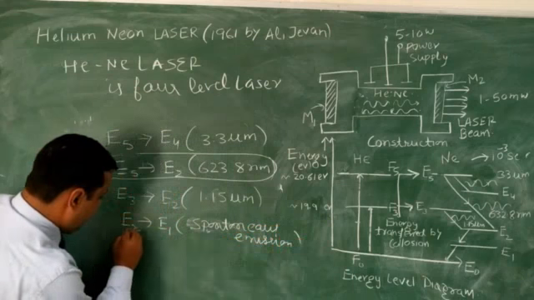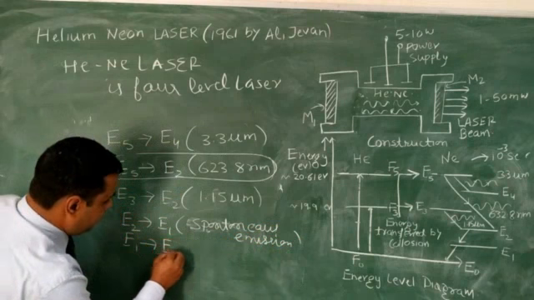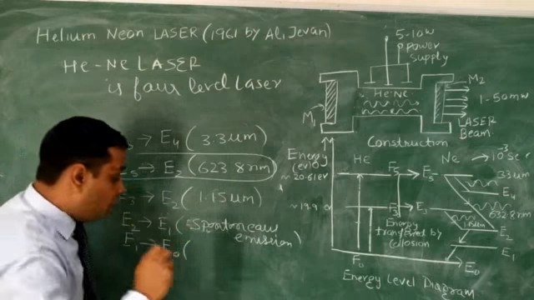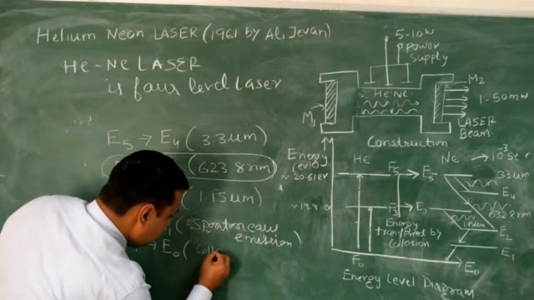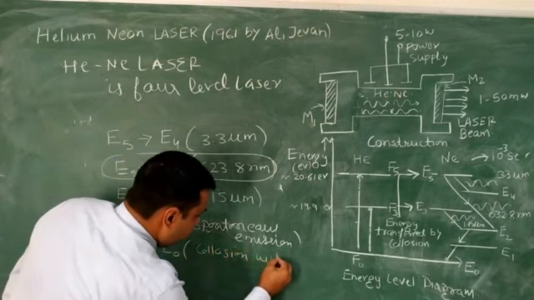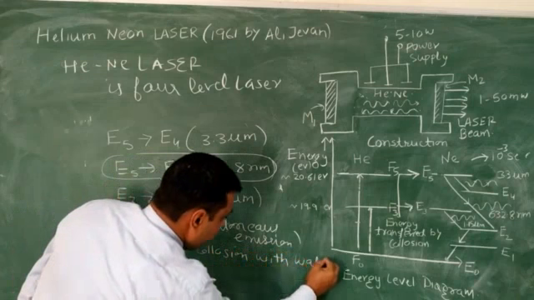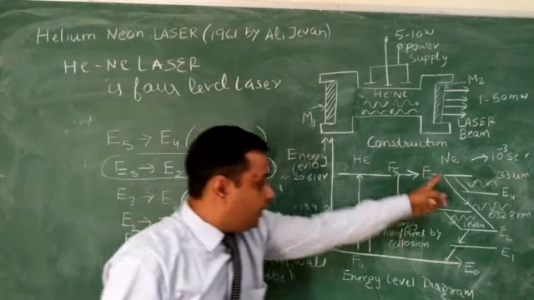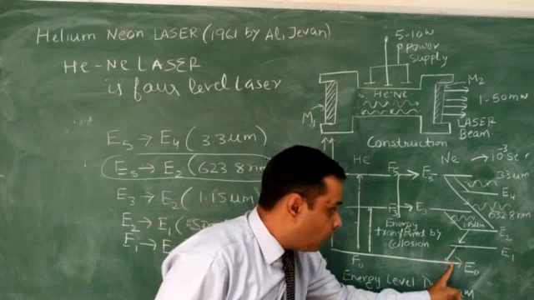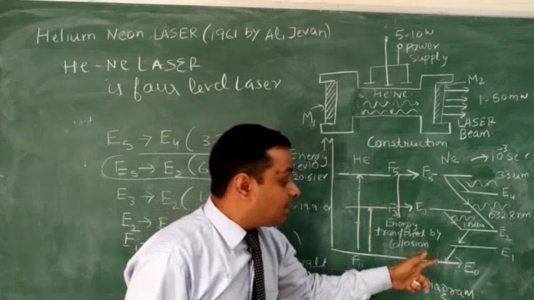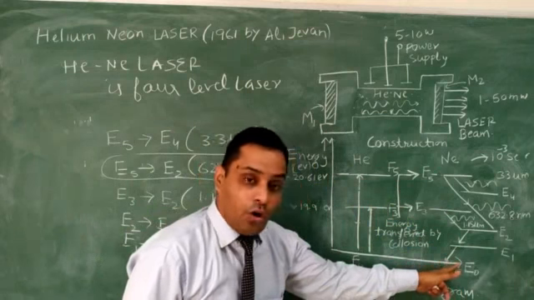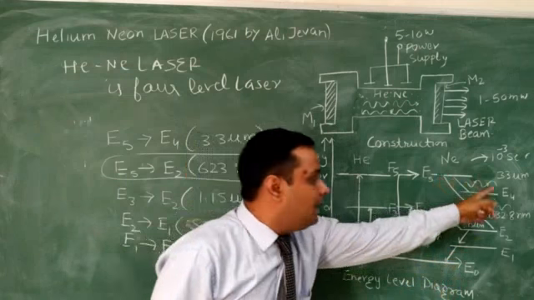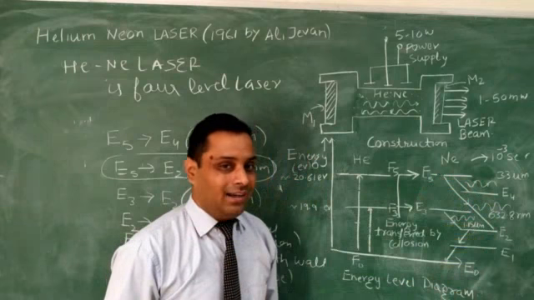And from E1 to E0 ground state, the energy is lost by neon through collision with the wall of the tube. Again, when the neon comes back to the ground state, helium will again transfer its energy to the neon, and again the neon will come to the metastable state, and again the lasing action will occur.